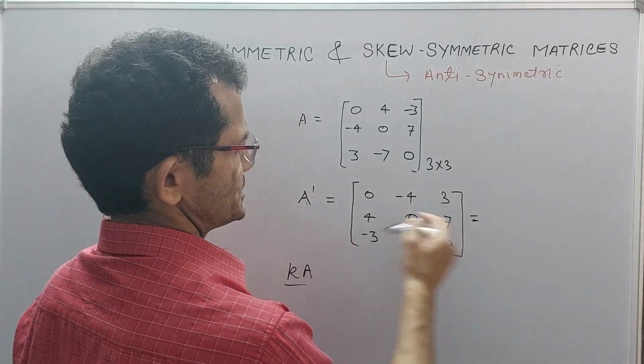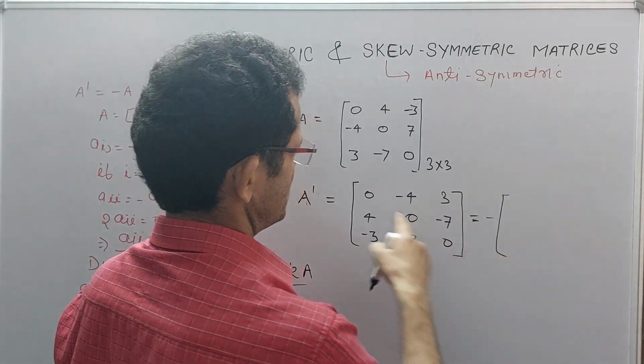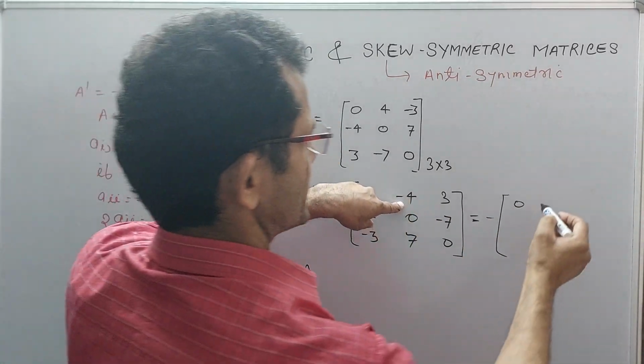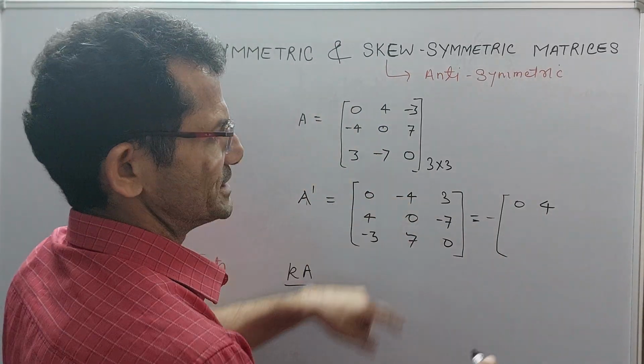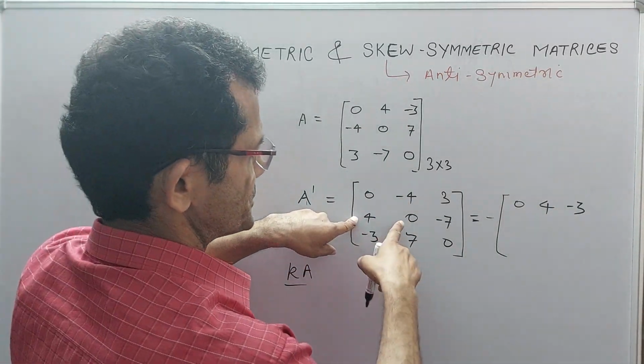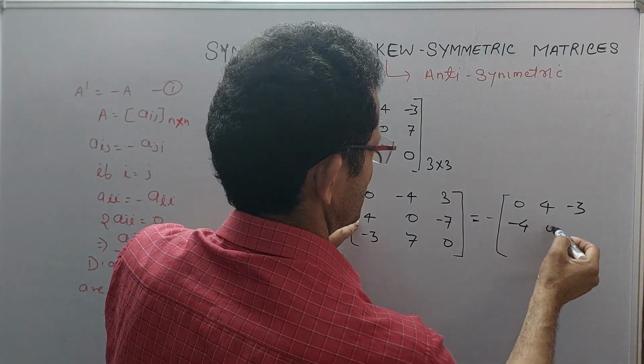So here this is 0, and if I take minus outside of this matrix, it becomes minus 0, this will be plus, and this becomes plus 4, and this becomes minus 4, 0 and plus 7.